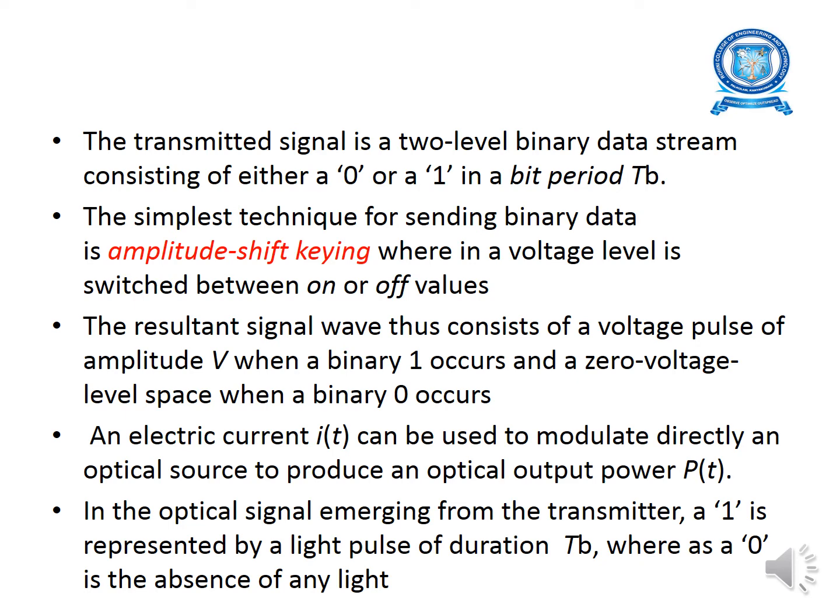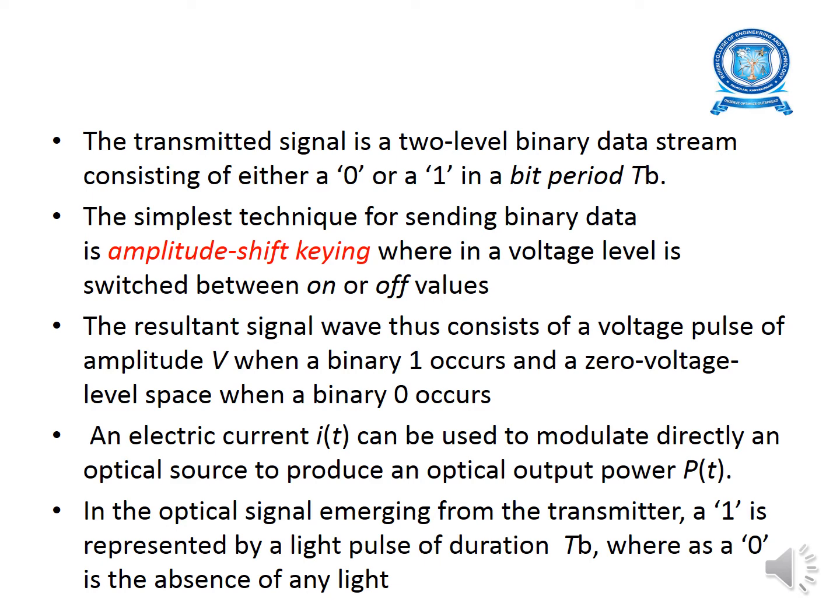The optical signal equivalent to 1 is an optical pulse of duration Tb, where 0 is the absence of light. The optical pulse gets attenuated as it propagates in the fiber. PIN or avalanche photodiodes are used to receive and convert the light signal into an electrical signal.